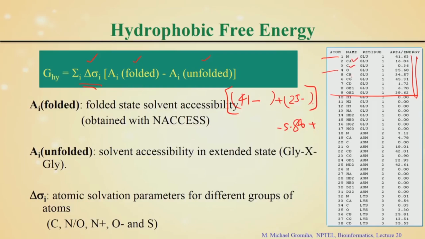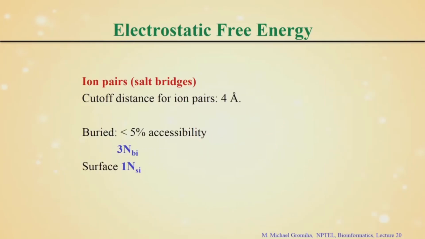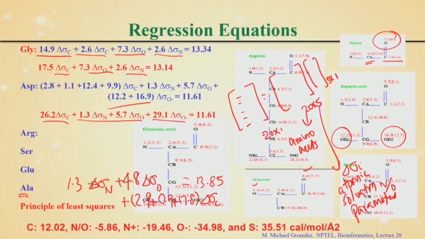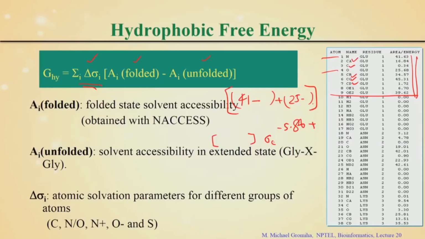Okay, 1, 2, 3, 4, 5 carbons, you get the difference in accessible surface area and multiply by delta sigma of C. What is the value of sigma of C? This is equal to 12.02.